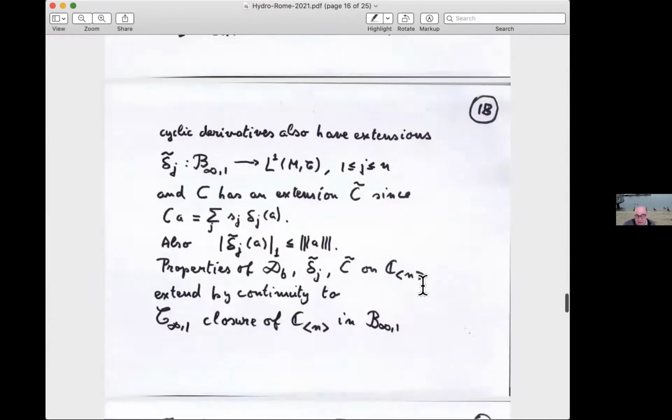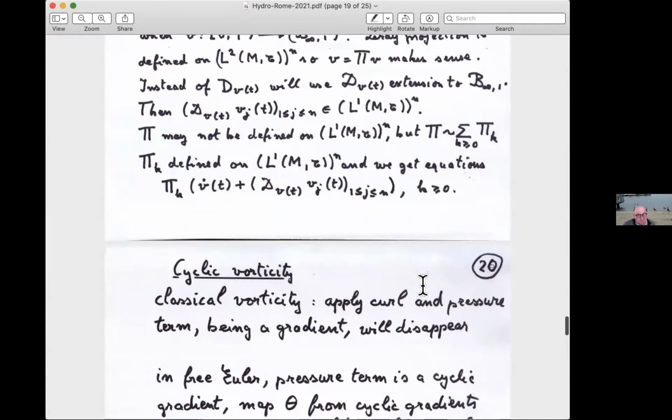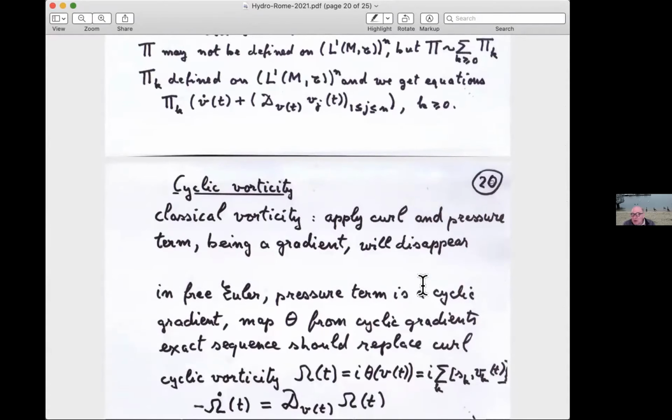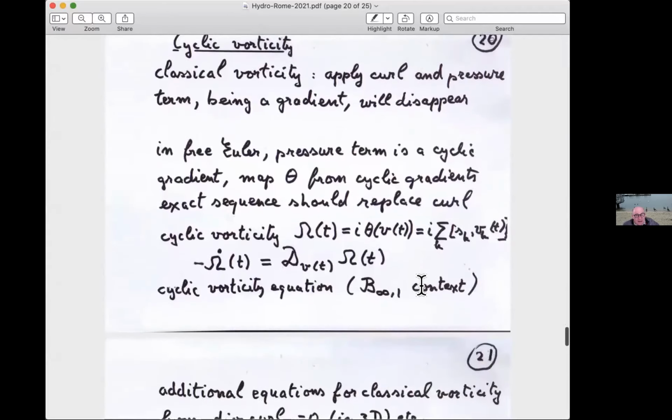And so one can play the game which one plays classically, using the curl to get rid of the pressure term. One can play it here with this map theta, applied to the equations which have been written with the pressure term. And what one gets is the cyclic vorticity.